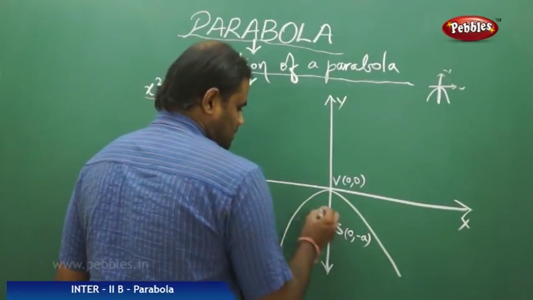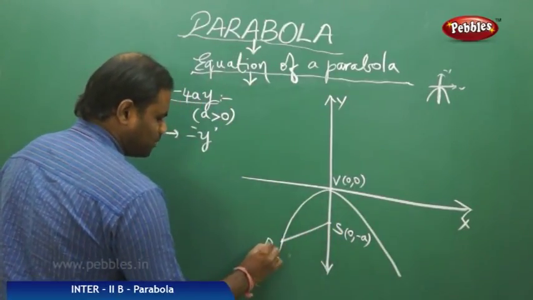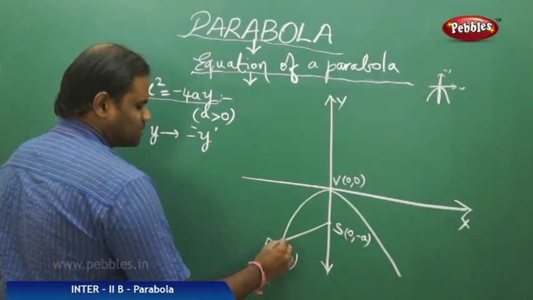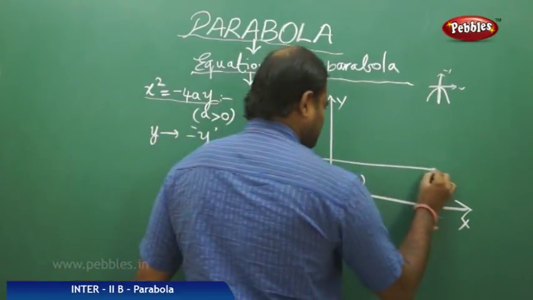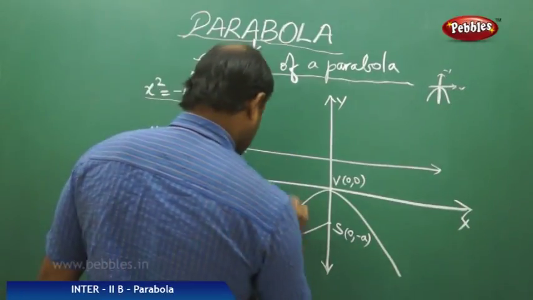Now in this case, I have a point P, which is x, y, from where I take the directrix line and drop a perpendicular.